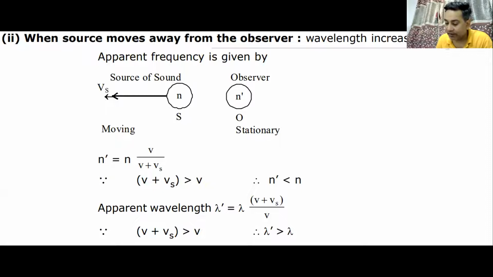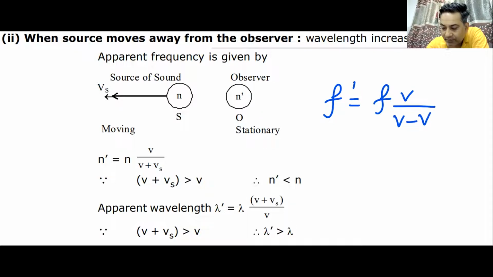In case number 1, do you remember case number 1? This was the observer, this was the source, and the source was moving towards the observer. In that case, the frequency observed by the observer was the original frequency multiplied by V upon V minus Vs, where Vs was the velocity of the source.